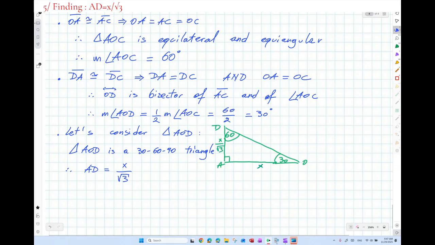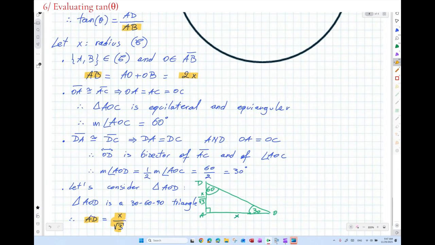That's one of the special right triangles. So I've got now my second distance, and I can conclude.